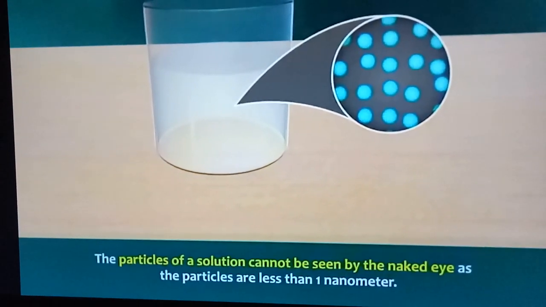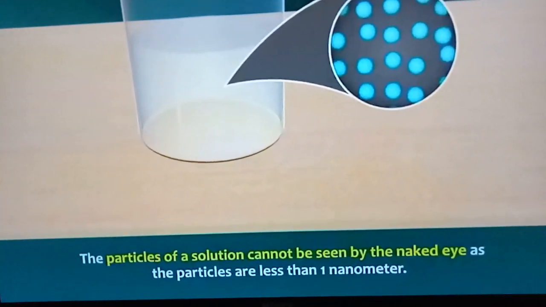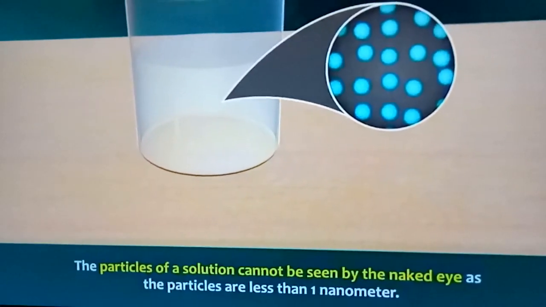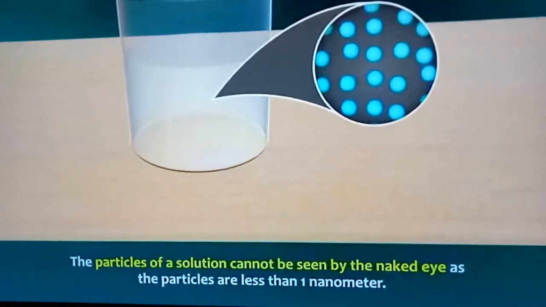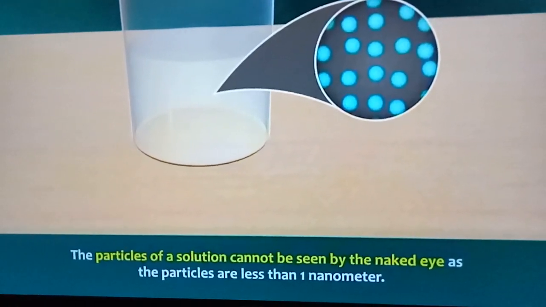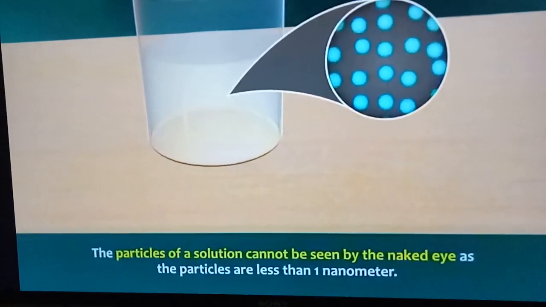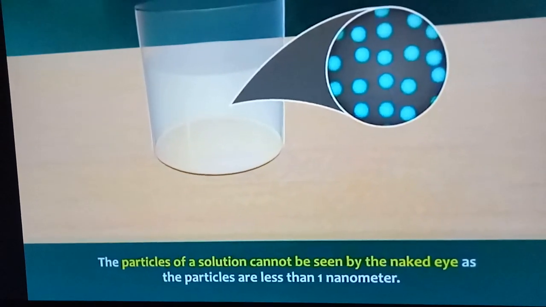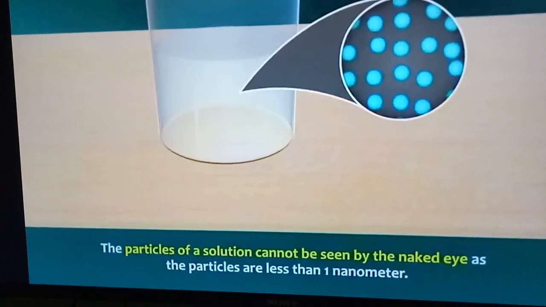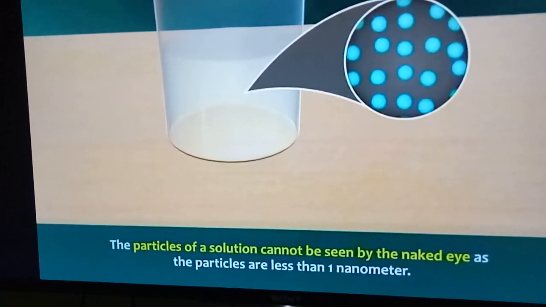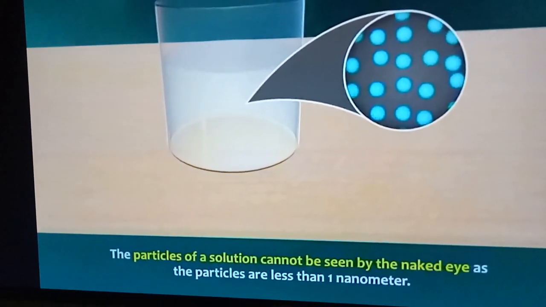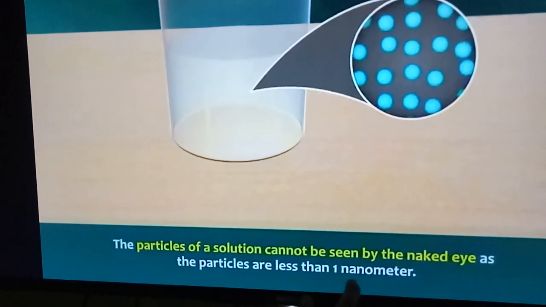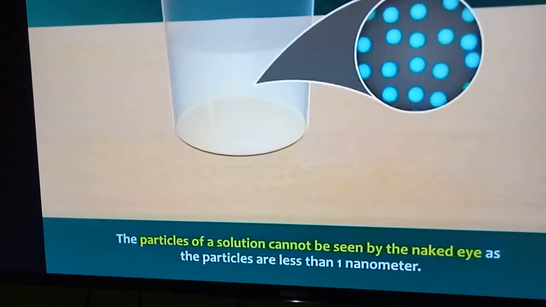For example, in sugar solution or salt solution, once it is dissolved, can you see the particles of the sugar? Can you see the particles of the salt? It's not possible. It looks like water only unless you taste it. If you taste it, then only we'll find out that sugar or salt is added in that water, because the particles are very, very small in size, less than 1 nanometer.